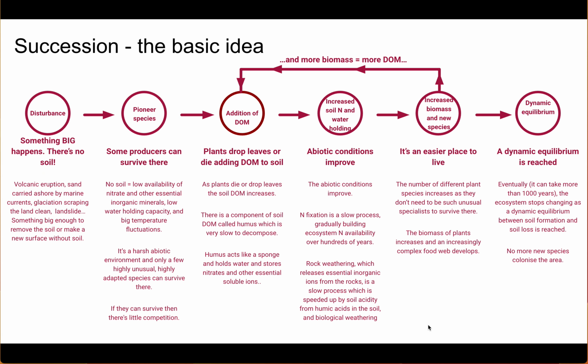So once we looked at that idea, we sort of put it into a bigger scale. And you can see the middle of the diagram here is the bit we've just talked about. So as the plants die or drop their leaves, the soil dead organic matter increases. There is a component of soil dead organic matter called humus, which is very slow to decompose. And humus acts like a sponge and holds water and stores nitrates and other essential soluble ions.